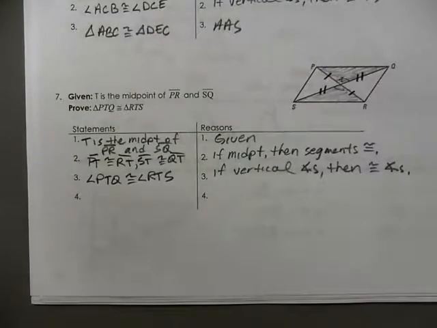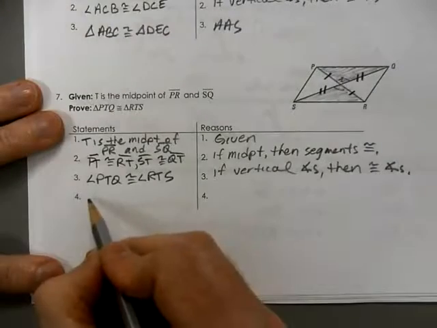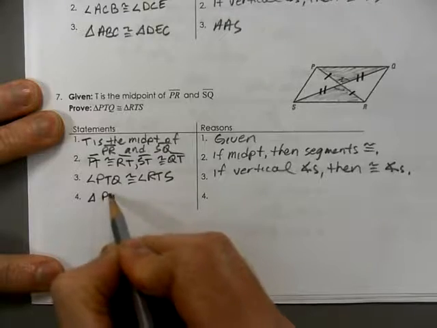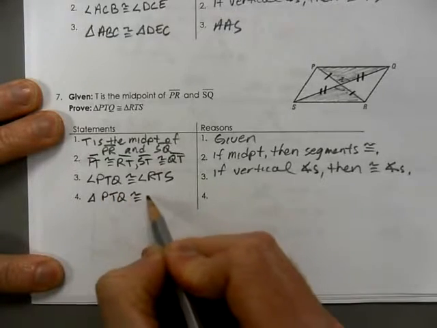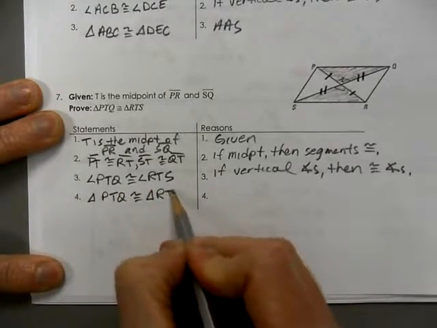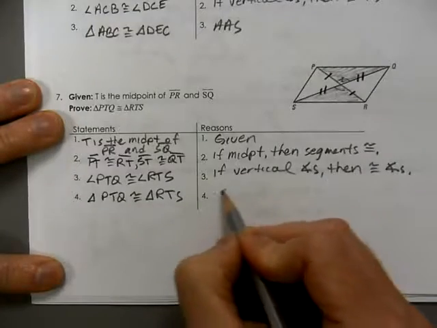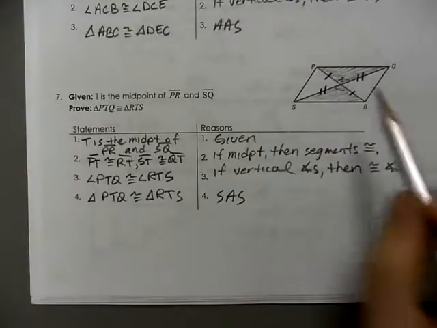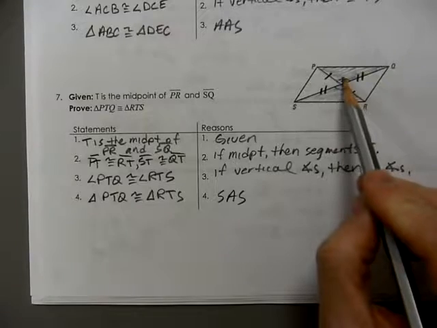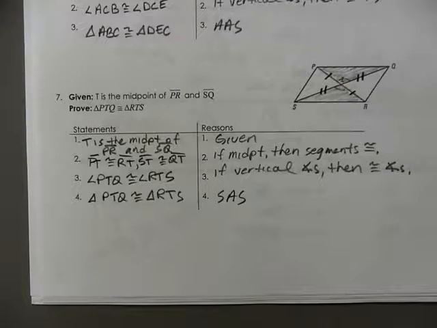What's going to be your last statement? Triangle PTQ is congruent to triangle RTS. Side, angle, side. You have two S's with the A that's in between.